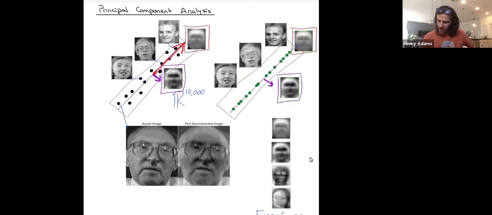Different numbers for different images that you're trying to reconstruct, but it's very low dimensional. If we use 10 ghosts in this model, if we have a projection down to 10D space, then in some sense you're storing this blurry face as only 10 numbers, the coefficients with respect to 10 different ghosts, as opposed to all 10,000 pixel values.